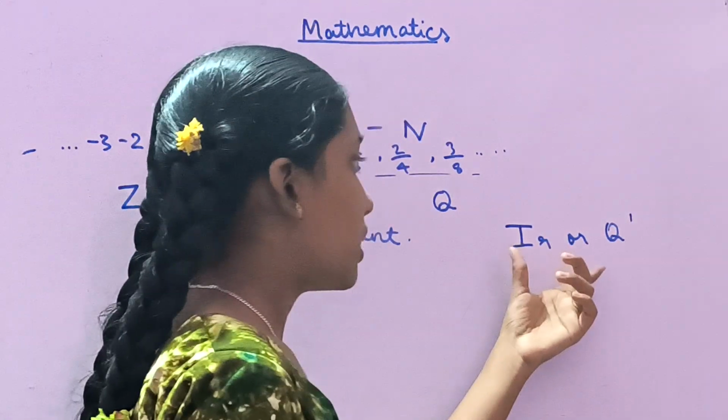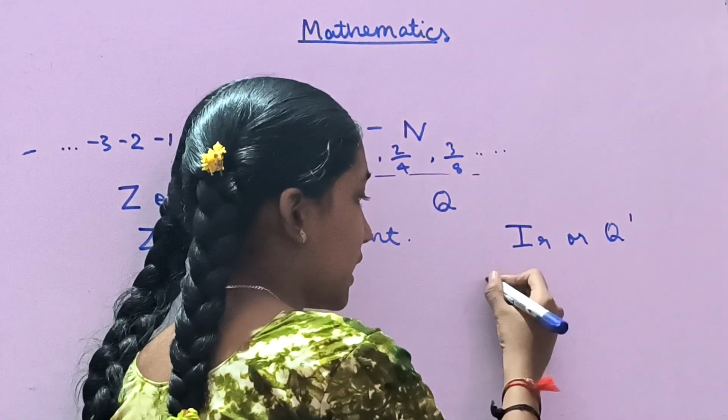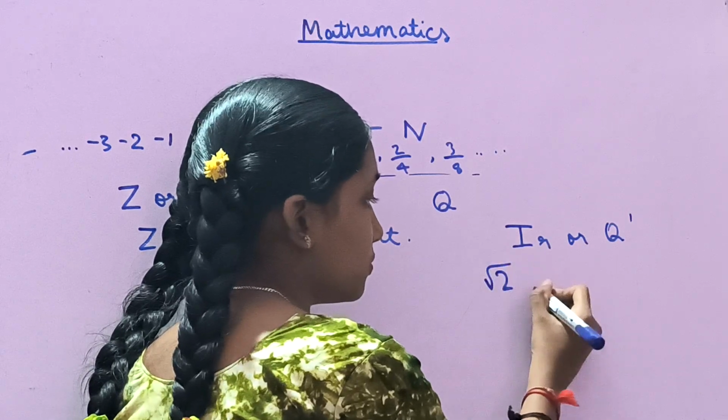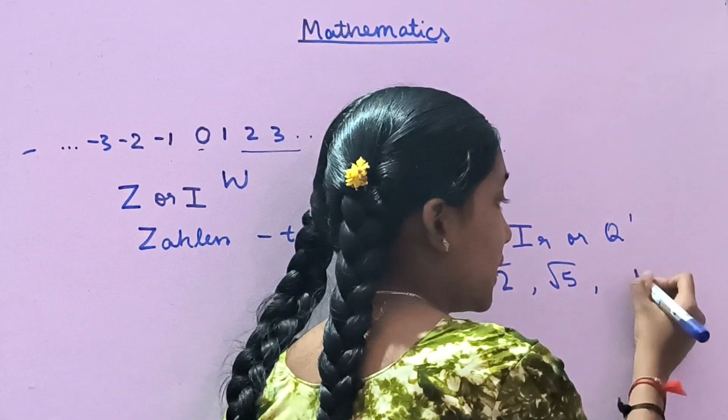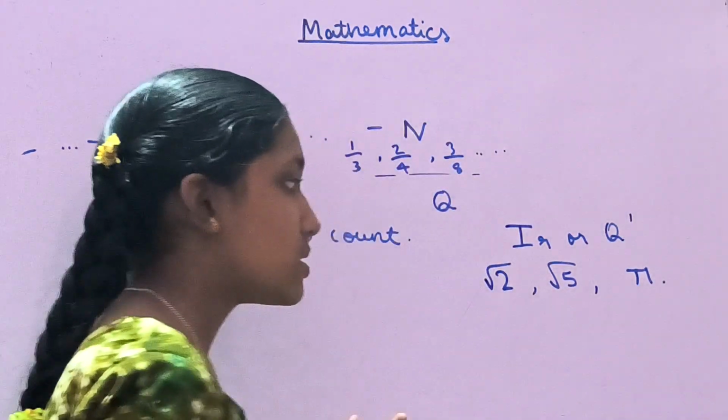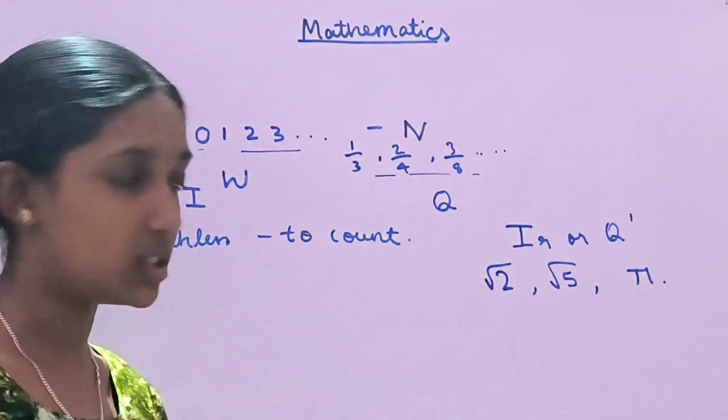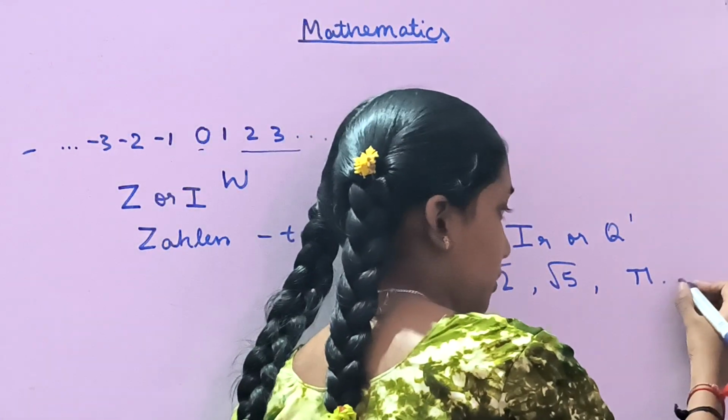For example, we can take root 2, root 5, pi. Pi is also an irrational number, and so on.